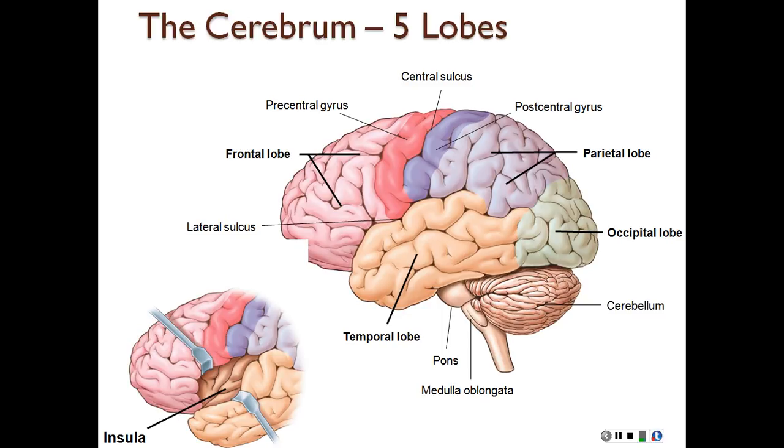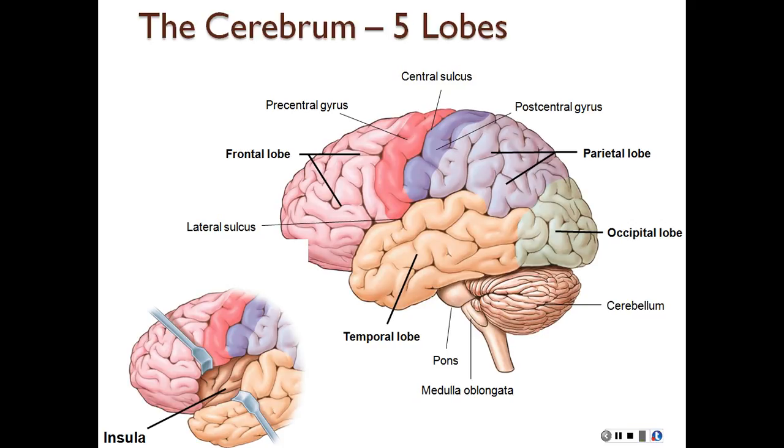The true or false, the central sulcus divides the frontal lobe from parietal, things like that, the precentral gyrus from postcentral gyrus. And then you also have the lateral sulcus, and you need to have an idea where that is. I like to say that the lateral sulcus divides the frontal and part of the parietal lobe from the temporal lobe.